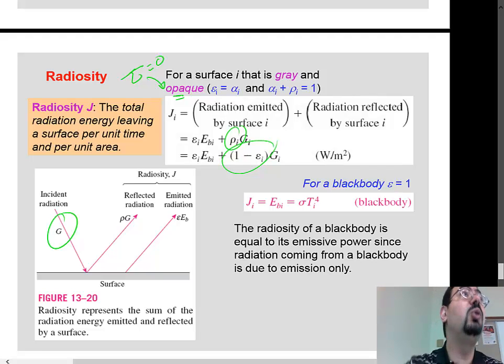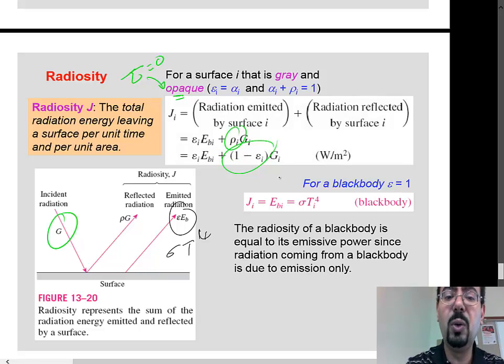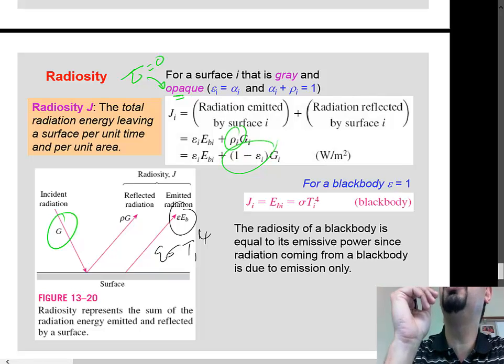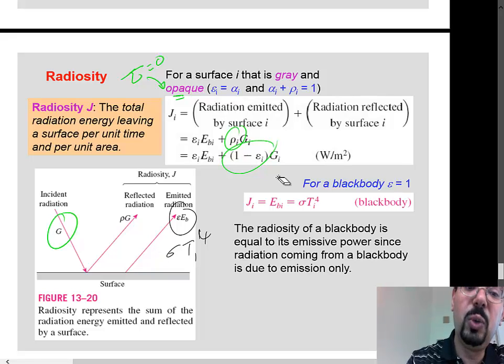It's what you send to the outside world. What you send is your radiation. You are not necessarily a black body, so you are not going to radiate only sigma T to the power 4. You are going to radiate a fraction of this: epsilon sigma T to the power 4. If you are a black body, you will radiate sigma T black body 1 to the power 4.